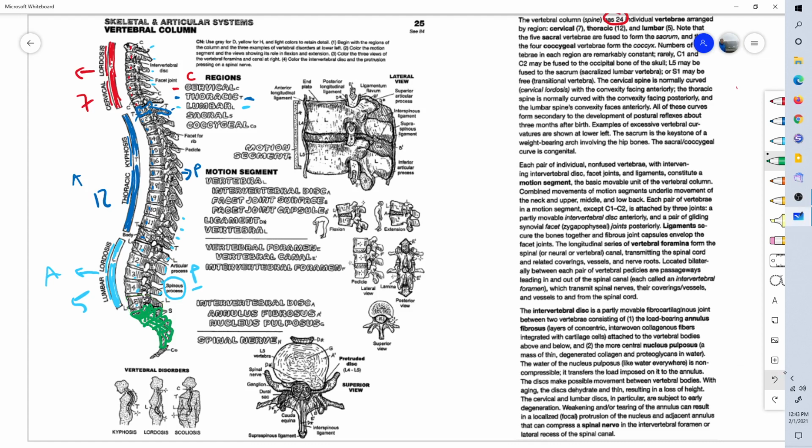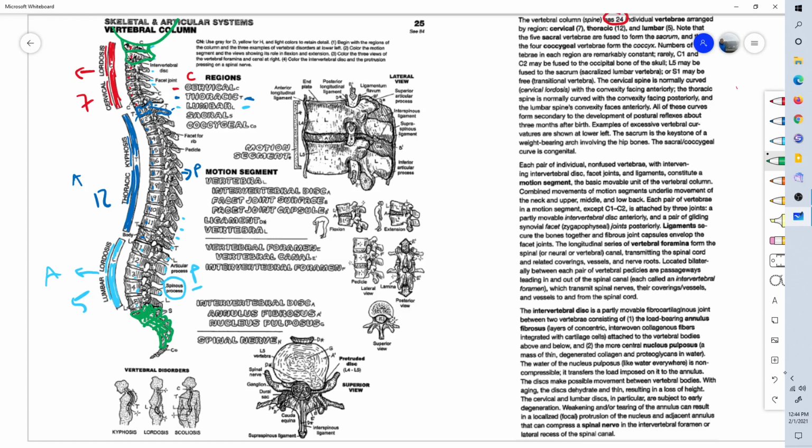And these are just variants that occur rarely in the population, but you do see them occur. Maybe they're not so rare. They're fairly common maybe, but they're not the norm. Also, sometimes you might see C1 or C2 on an X-ray fused to the skull, as part of the skull.